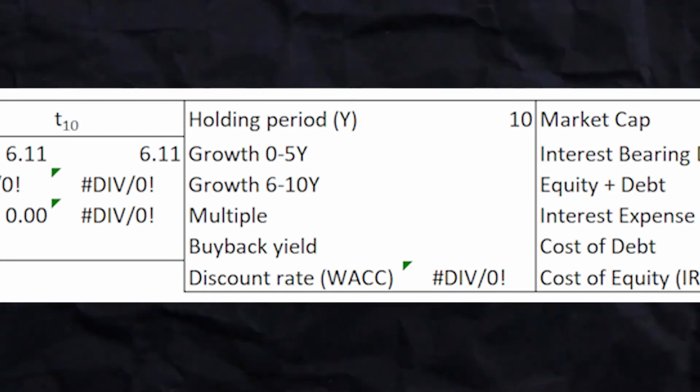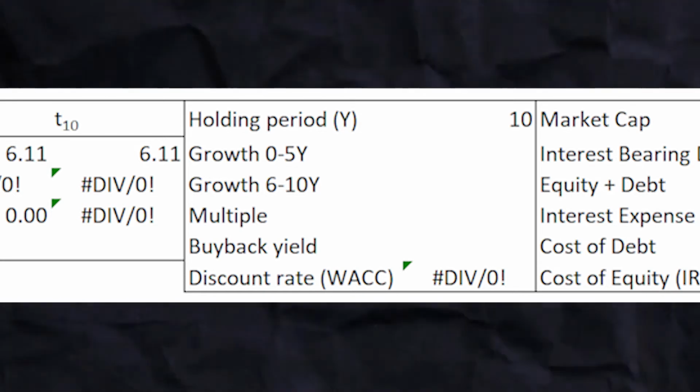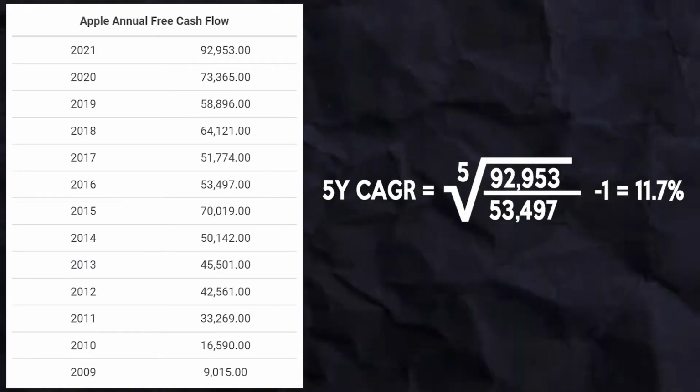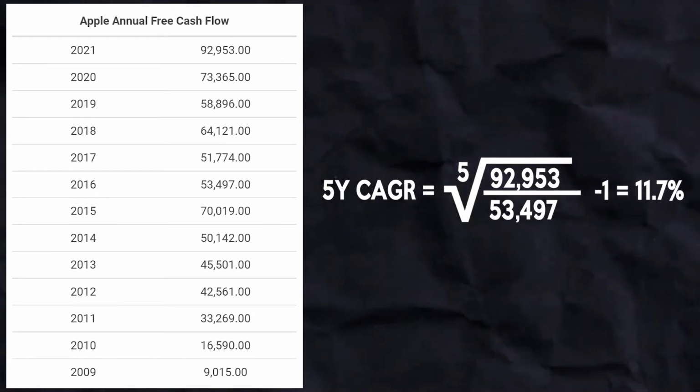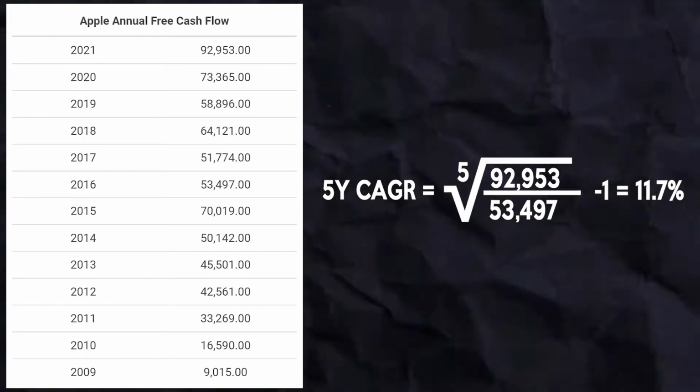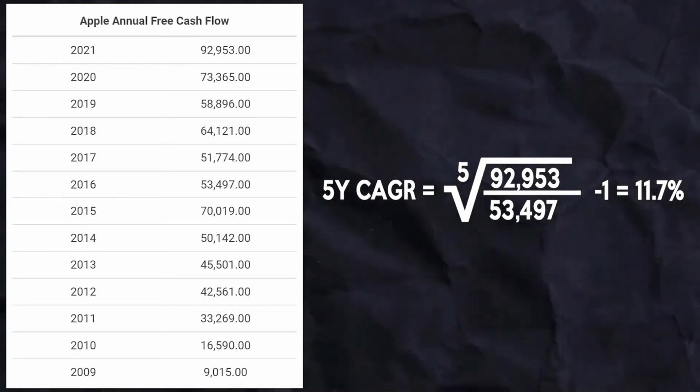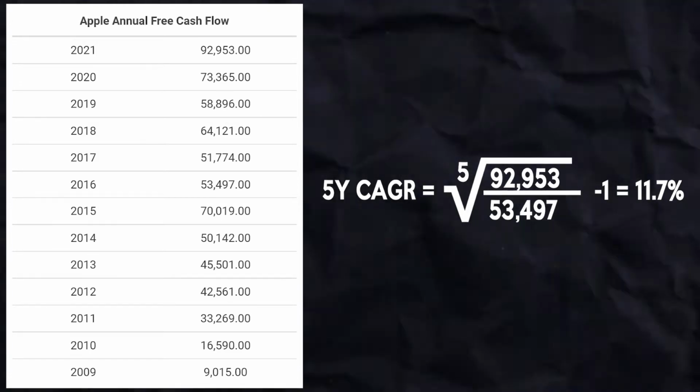So let's begin with our assumptions for Apple's future free cash flow growth rates. Personally, I like to base my free cash flow growth rate assumptions on Apple's historical free cash flow growth rates. When we calculate Apple's compound annual growth rate for their free cash flows based on the last 5 years, we come up with an annual free cash flow growth rate of around 11.7%.